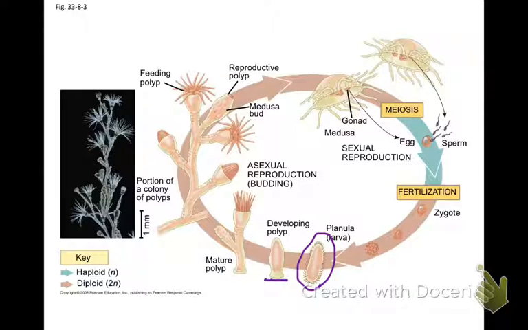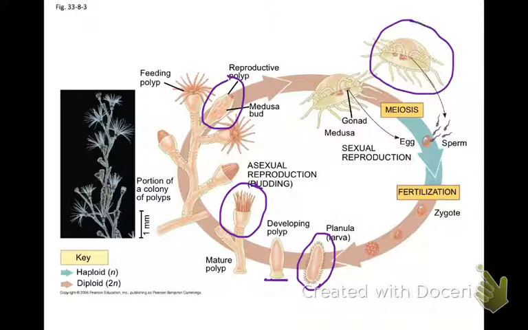The mature polyp will begin to grow and form feeding polyps, and as they continue to mature, they will begin to form reproductive polyps or gonangia that will bud off the medusa forms, and those medusa forms will produce gametes.